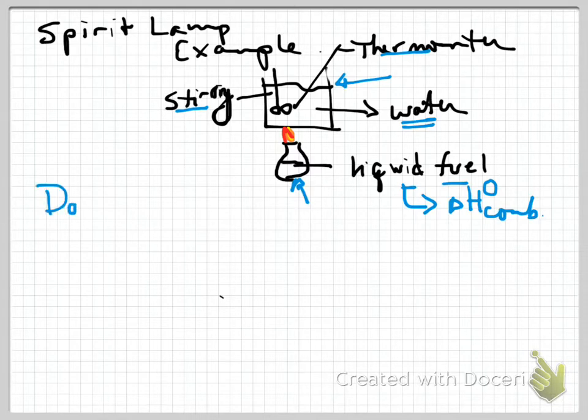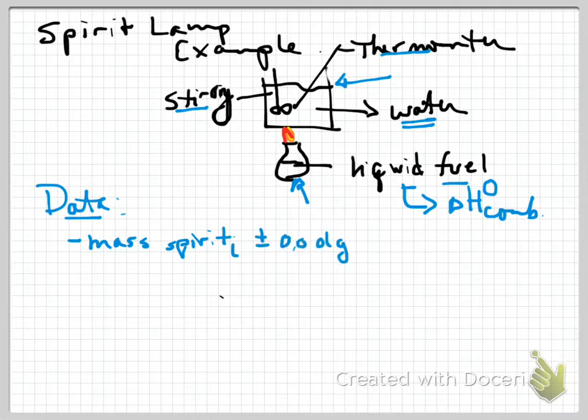Some of the data that we would be collecting is going to be the mass of the spirit burner, and that's initial. That's going to have an uncertainty of 0.001 grams. For example, we're going to find the mass of the liquid fuel final, and that's also going to have that uncertainty.